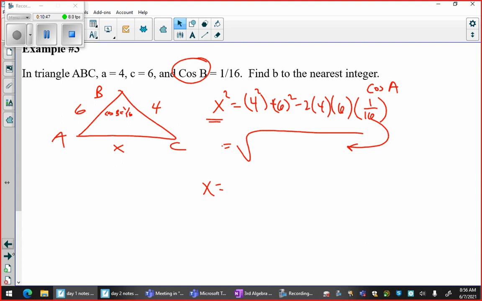So what do we got? Let's go second square root. 4 squared plus 6 squared minus 2 times 4 times 6 times 1/16. Please don't put in cosine of 1/16. You do that, you get 49. Square root of 49 is 7.